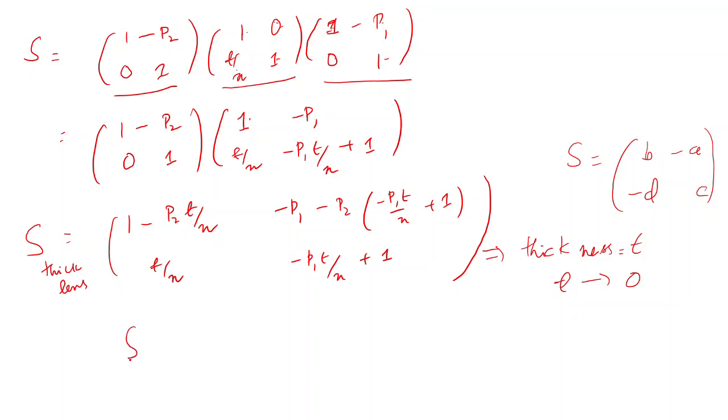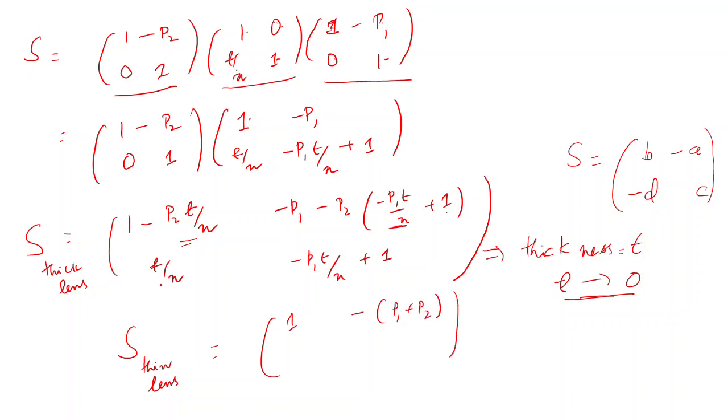So the system matrix for a thin lens, where I am letting T go to 0, would be, the first one would be just 1, because if T goes to 0, this term would be 0. Similarly here, if T goes to 0, this term would be 0. I still have 1, so I would have negative of P1 plus P2, right?